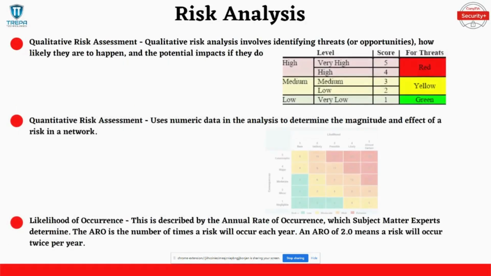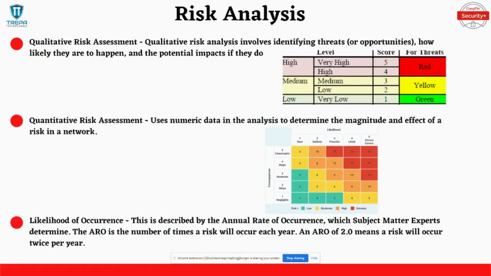A qualitative risk assessment involves identifying threats and labeling their potential impacts on the organization. A quantitative risk assessment uses numerical data to quantify the risk to organizations. This is achieved by assigning a number value to the magnitude and impact of an exploited risk.